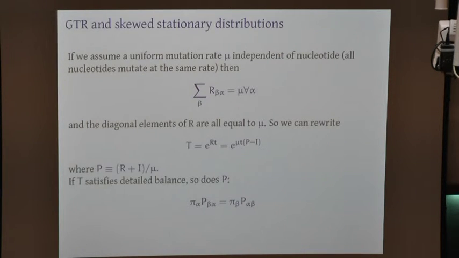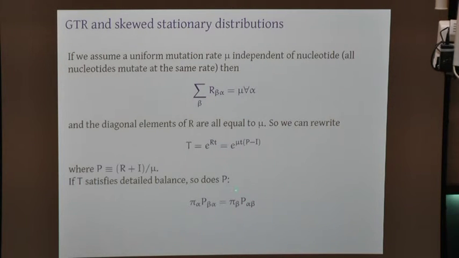You can derive this equation by asking what is the probability. P essentially is the probability, given that a mutation has occurred, of seeing alpha where the ancestor was beta. Now, if a finite amount of time has occurred, what is the probability of seeing alpha given beta?